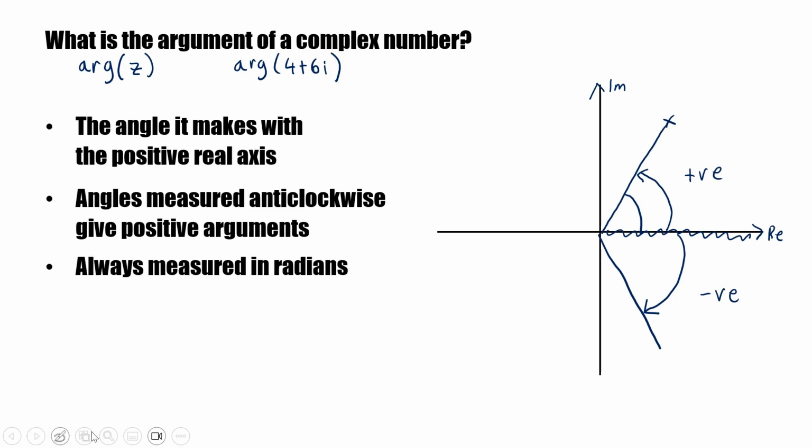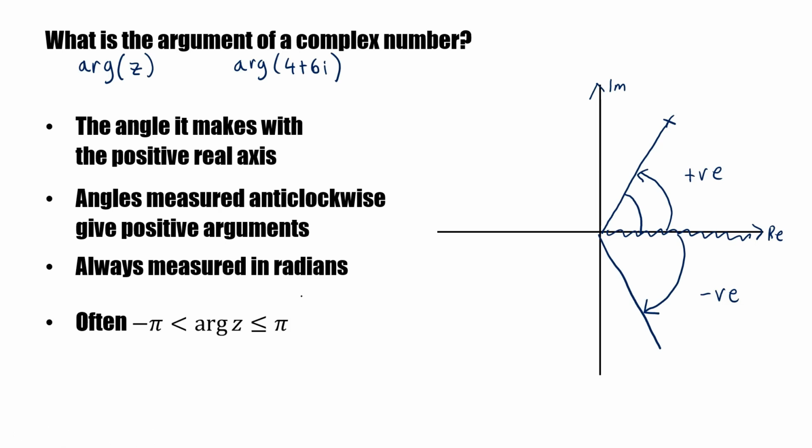Another thing to be aware of is that it's an angle. Of course, in maths A level, there's lots of different ways of measuring angles, but for arguments, they are always only measured in radians. So watch out, no degrees for this stuff. And then lastly, of course, we're talking about angles, and angles can go round and around. Where do we stop?